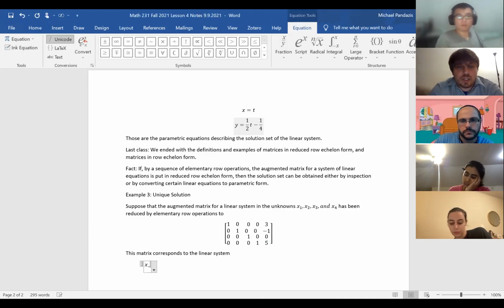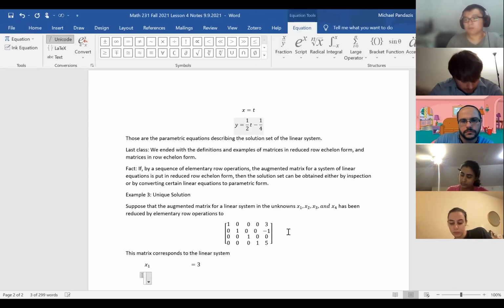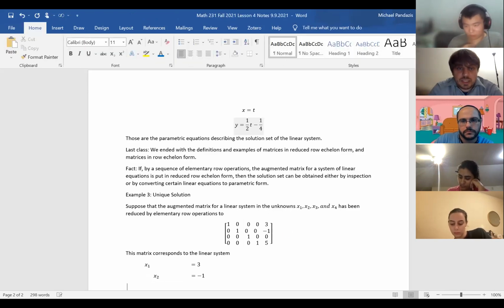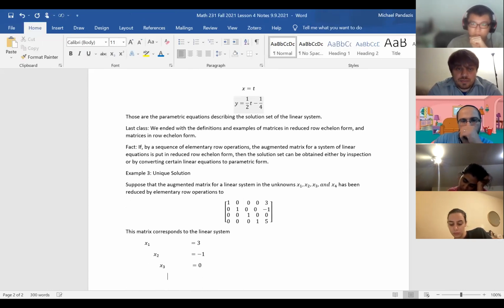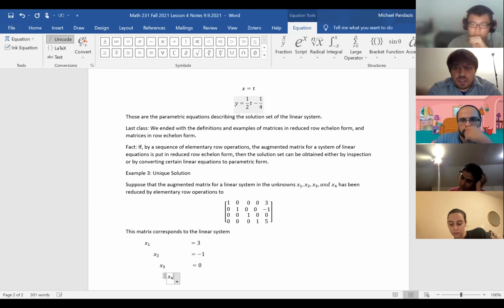So we have x1 is equal to 3, x2 is equal to -1, x3 is equal to 0, and x4 is equal to 5.